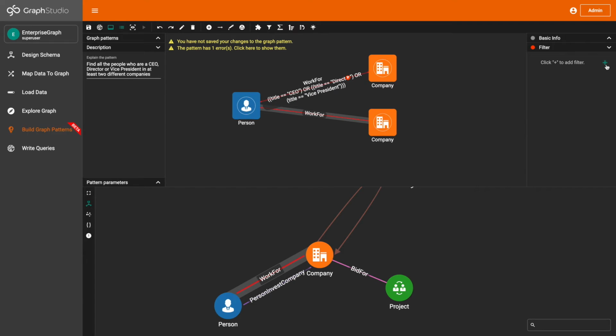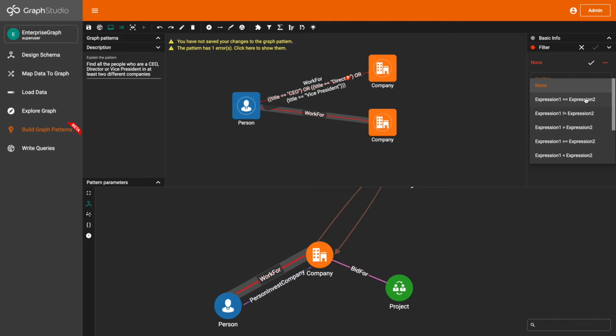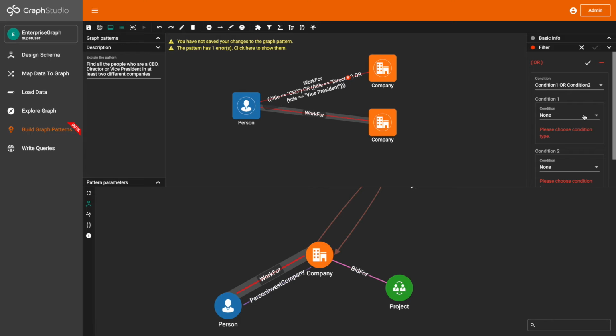So I'm gonna do the same thing for the second vertex. Sorry, for the second edge.